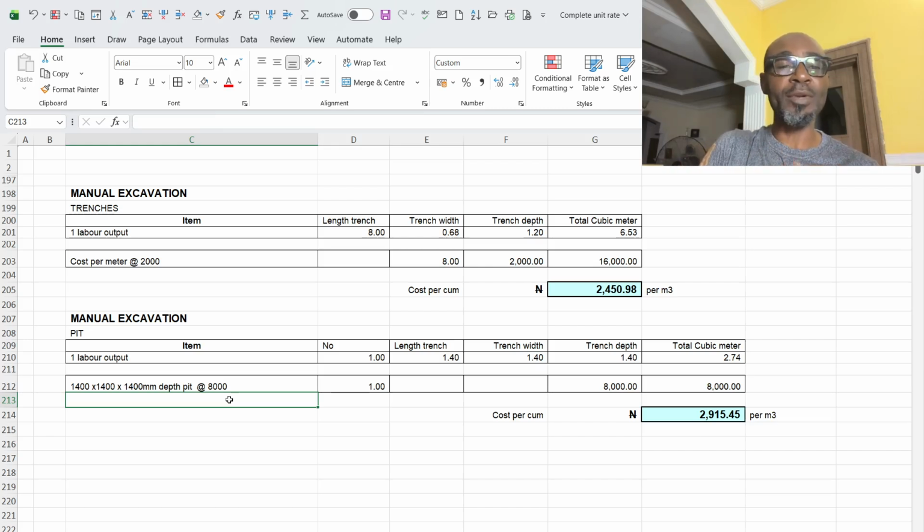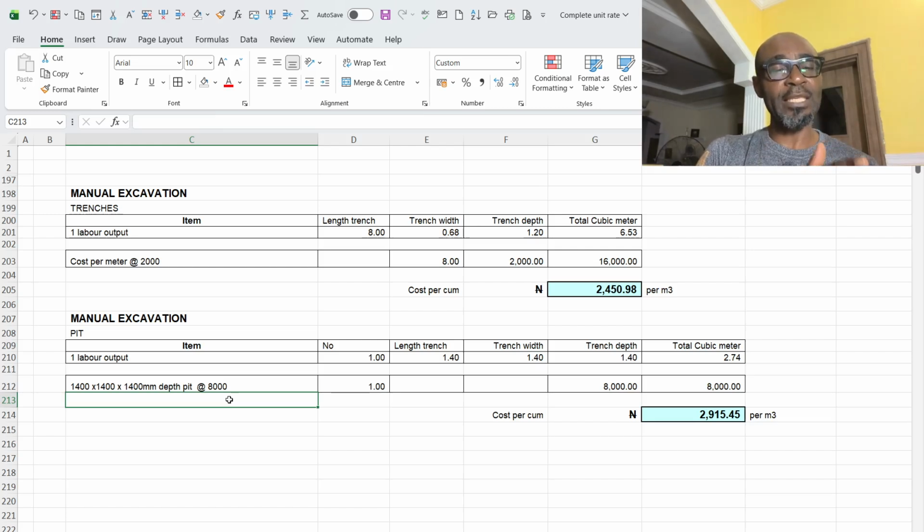Before we read out the numbers on my screen, there are two or three factors that will also affect the output of the laborers you are going to engage in manual excavation on site. One of which is the skill of that laborer on excavation.